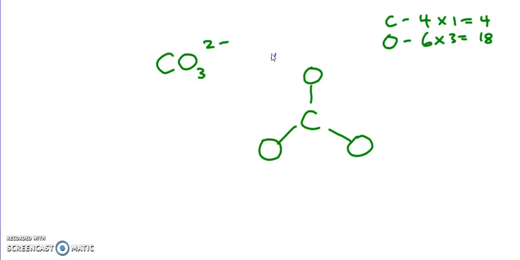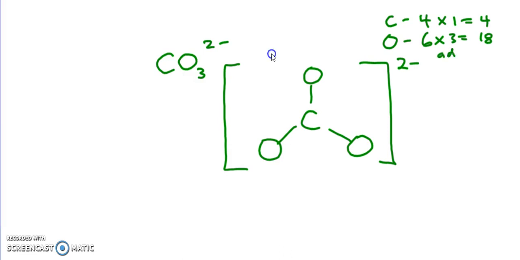Okay? And that's the only difference between ions and non-ions. The other thing you have to do is put a bracket around it and indicate that charge, and that way we'll know that we're adding 2 electrons. And that'll give us 2 more. So we have 24 in this structure.